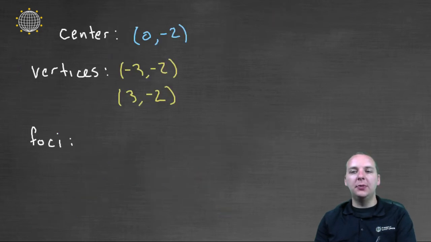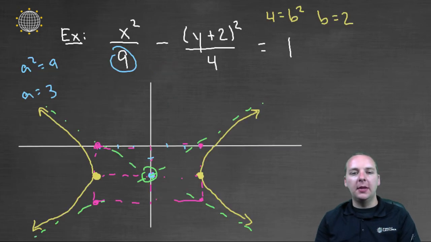Now it would be nice if we finished this out and found the foci while we're at it. The foci can be found on the inside of the hyperbola, somewhere around here and here. They're c units away from the center, but all I see is a and b. A is 3 and b is 2.